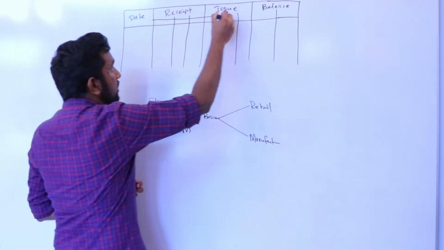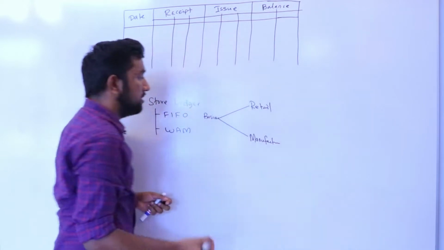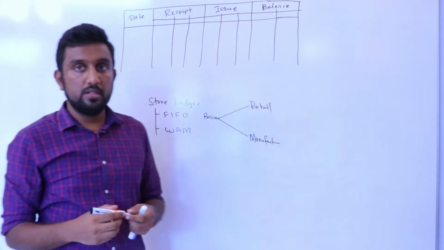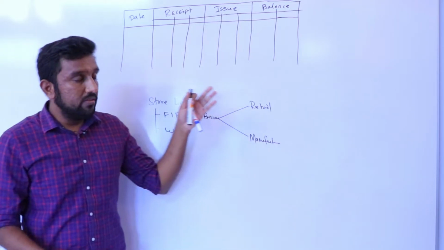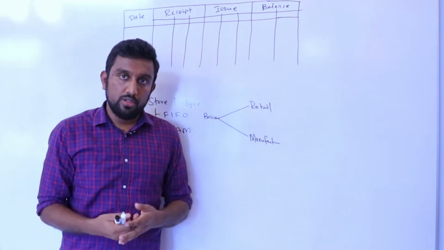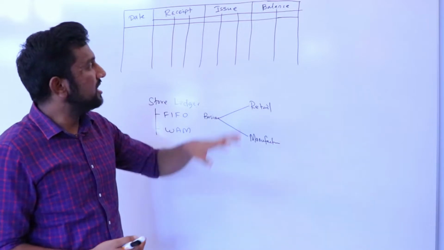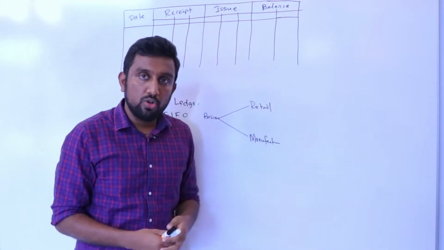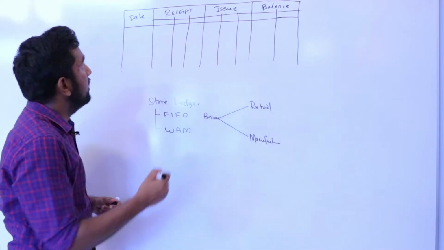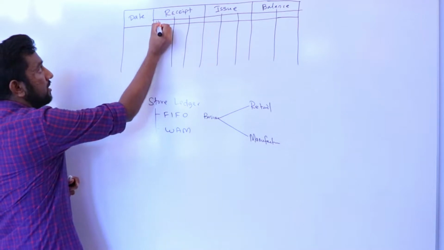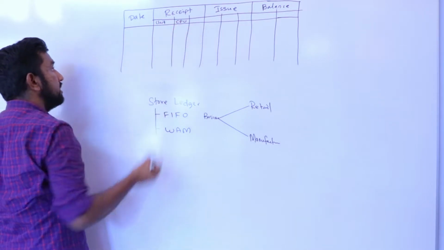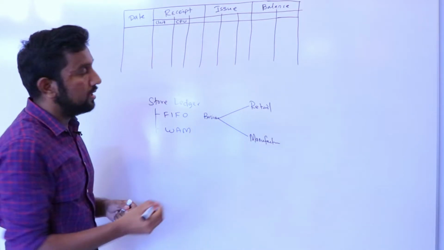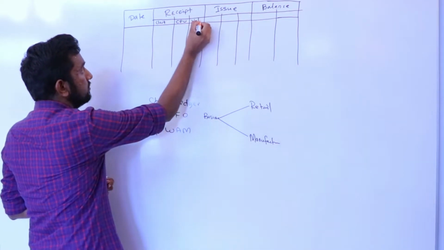Why are we dividing balance into two? Because when it comes to the weighted average method, generally we get the unit cost in decimals. So it is okay to have only two columns under balance. Under receipt, we have units, then CPU, that is cost per unit, and then value.